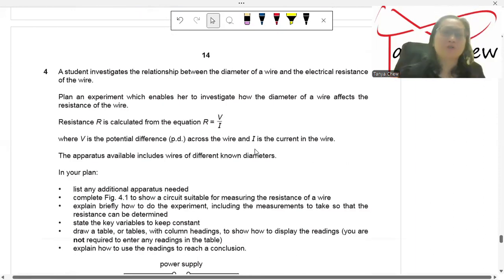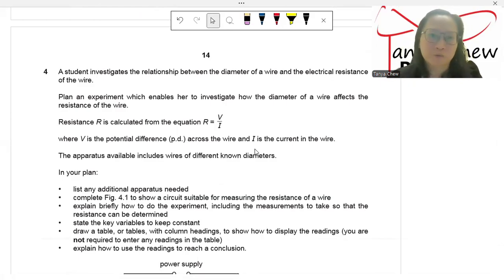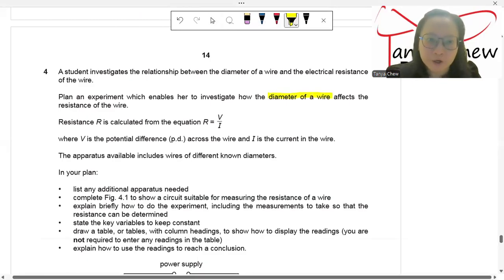Question number 4. A student investigates the relationship between the diameter of a wire and the electrical resistance of the wire. Plan an experiment which enables her to investigate how the diameter of the wire affects the resistance of the wire.